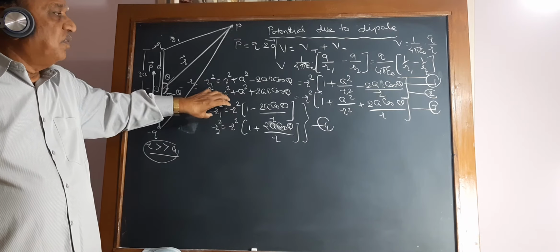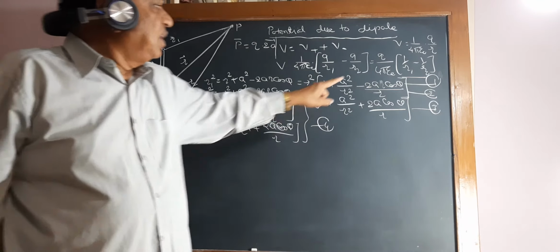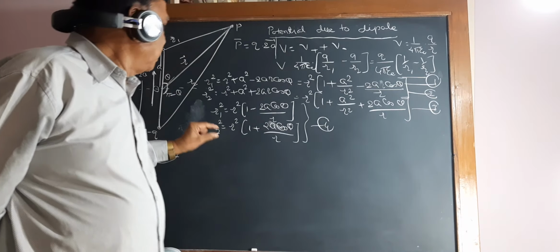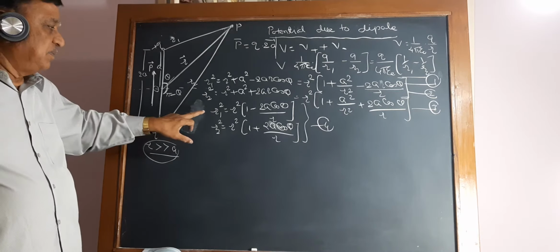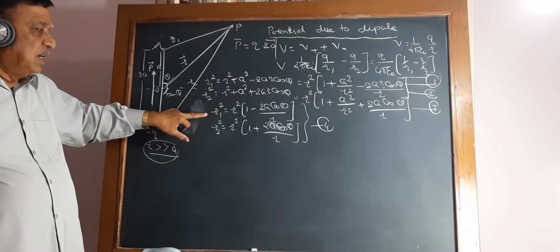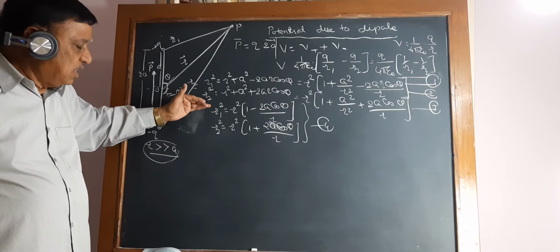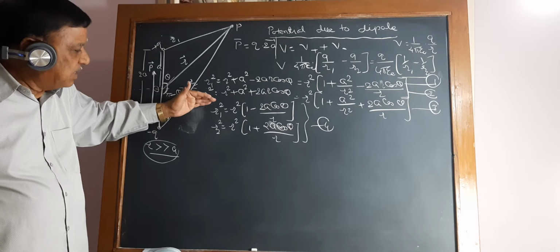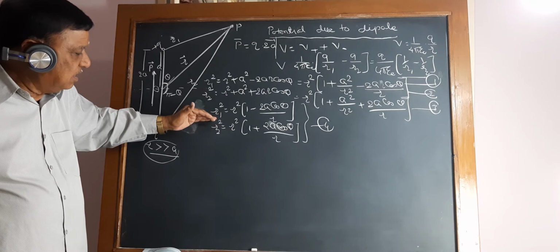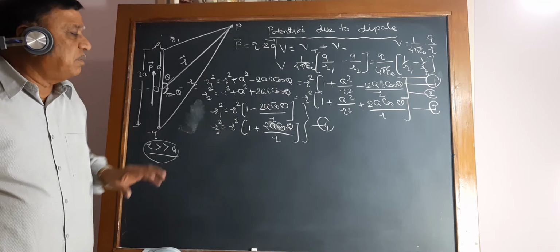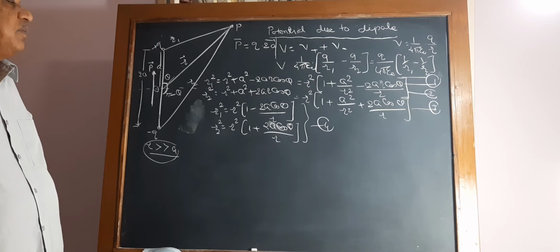Then we require 1 upon r1 and 1 upon r2. r1 square is there. Now taking reciprocal and square root. Reciprocal means 1 upon r1 square equal to 1 upon r square in the bracket 1 minus 2a cos theta upon r.